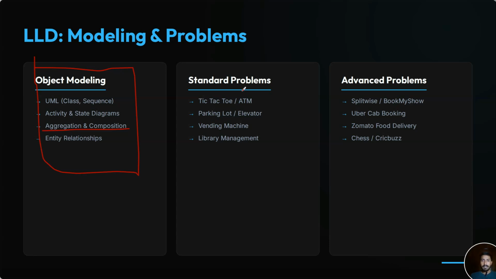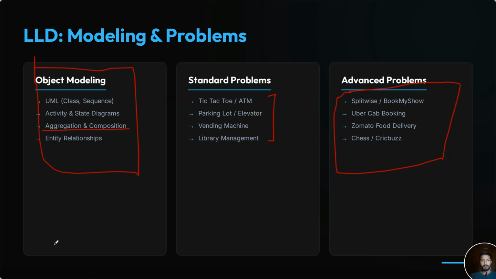Then we'll understand standard problems like tic-tac-toe and a few famous applications that we get in interviews and need to design, like tic-tac-toe, ATM, parking lot, vending machine, and library management. Once we are done with this, we'll cover a few more famous applications as part of design, and we'll try to understand how we can design them from scratch to a production-grade application.